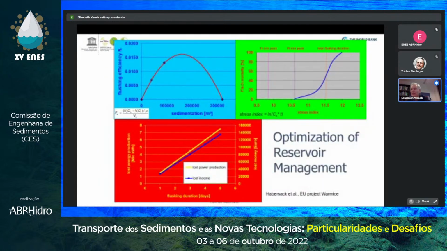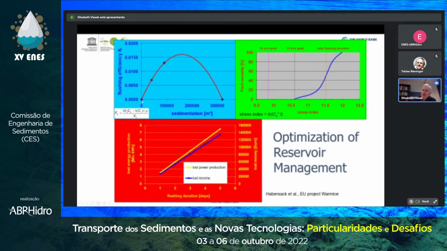Now it becomes an optimization problem. This is just for this reservoir, and an analysis done. What you see in this diagram is sedimentation on the x-axis. It starts from 0, no sediments in the reservoir. It ends up with a completely filled reservoir. And you want to look into flushing in this example, so you want to draw down and flush the sediment out.